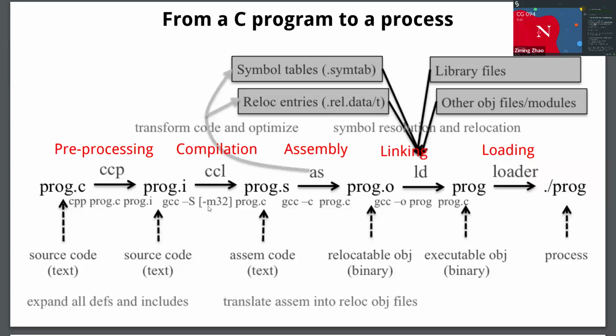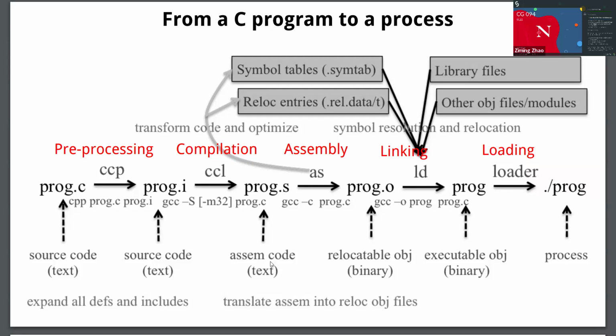If you compile 32-bit, you can use -m32, machine 32-bit. Then you get this assembly code. Assembly code is still a text file, okay? Even though everything there looks like instructions, they are still not instructions, they are an assembly file.